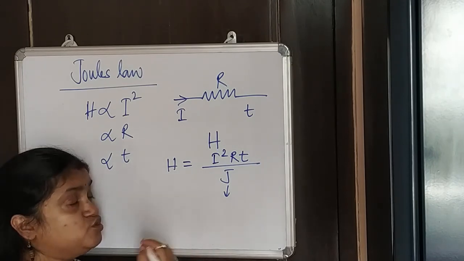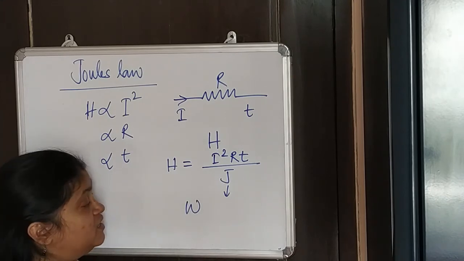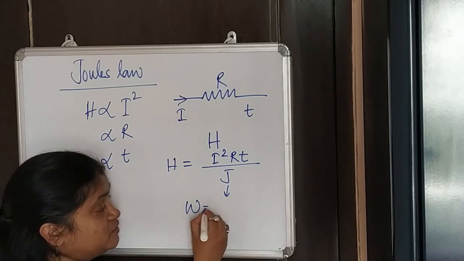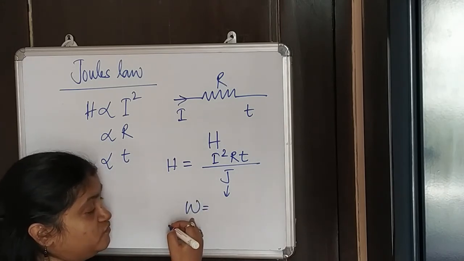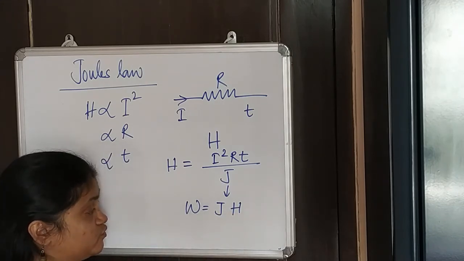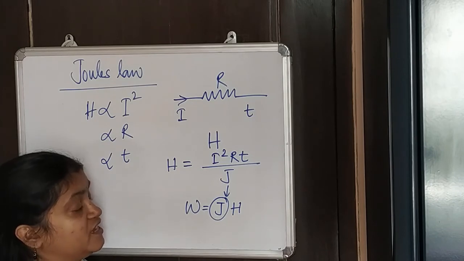We know from Joule's law of heat that the work done is converted into heat. With this particular equation given by Joule, work done is J into H, heat produced, and this J we have called the mechanical equivalent of heat.